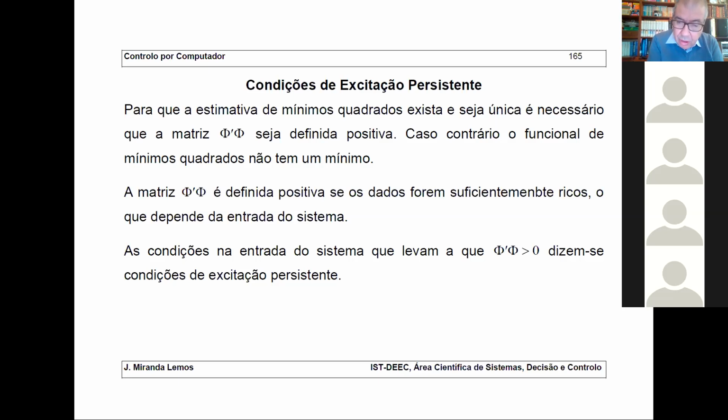If you have something which is slow, then you cannot apply a very fast signal. You have to match your excitation to the type of signal that you have. But within those bounds, you should have a lot of excitation for your algorithm to be able to estimate your parameters.